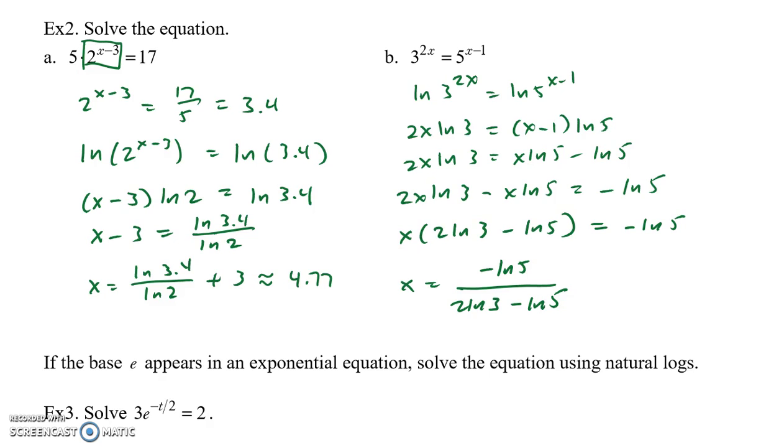And I would like you to always attempt to obtain exact solutions of equations before you use your calculator to approximate them, and then to approximate everything on your calculator in one step. So if we do that for this expression, we should obtain the following approximate solution of negative 2.74.